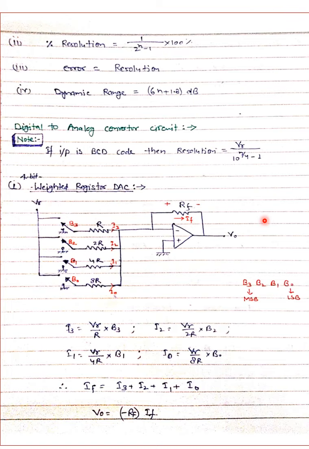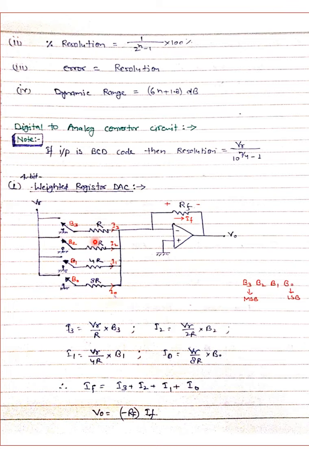You can see here is an operational amplifier, an inverting operational amplifier, where RF is the feedback resistance, and at the input there is a combination of 4 parallel resistances. The weights of these resistors are in geometric form: R, 2R, 4R and 8R.